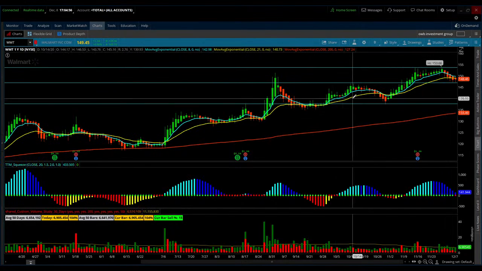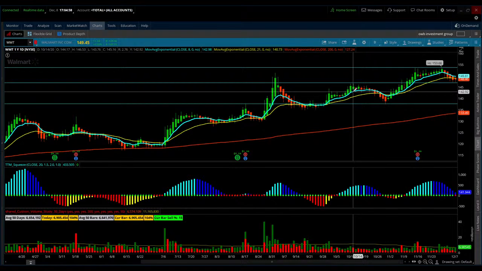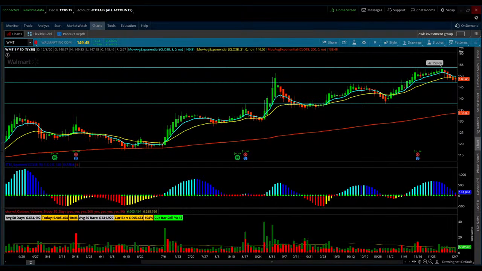Now, the last thing I check, and these are the three things I always go through before going into a play. You have your resistance and supports on long time frames. You have TTM squeeze on long time frames. You have volume. And now you have the moving averages. A moving average is a stock's average price over a certain time period.